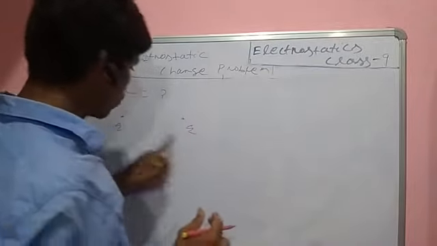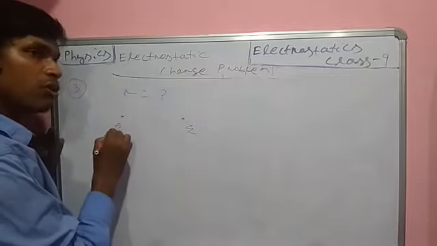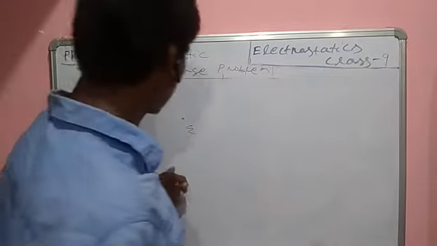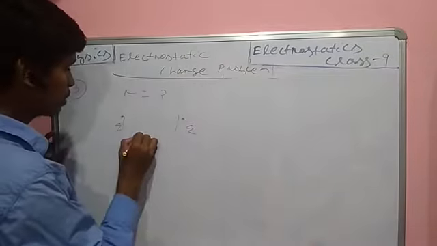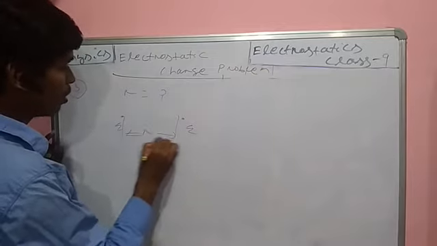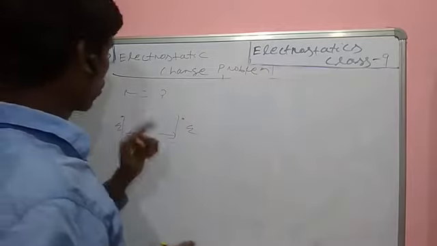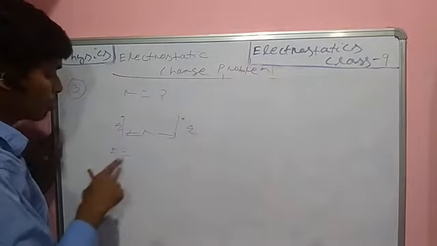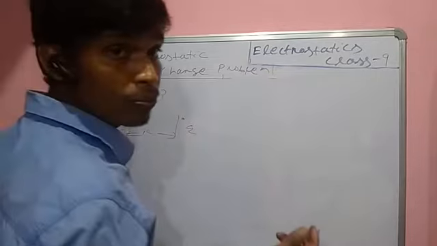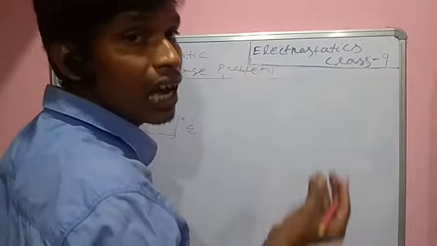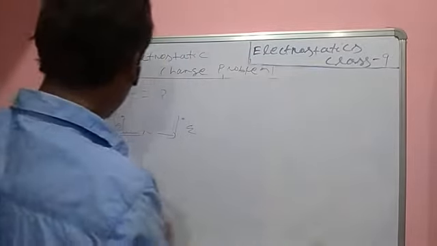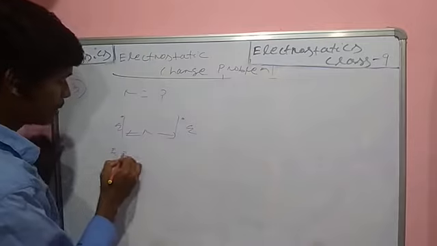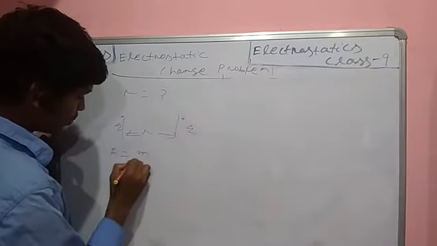That means for two protons, the charge is 1.6 into 10 to the minus 19 coulomb. But you have to find the distance between the two protons. According to the question, the force is equal to the weight of one proton.